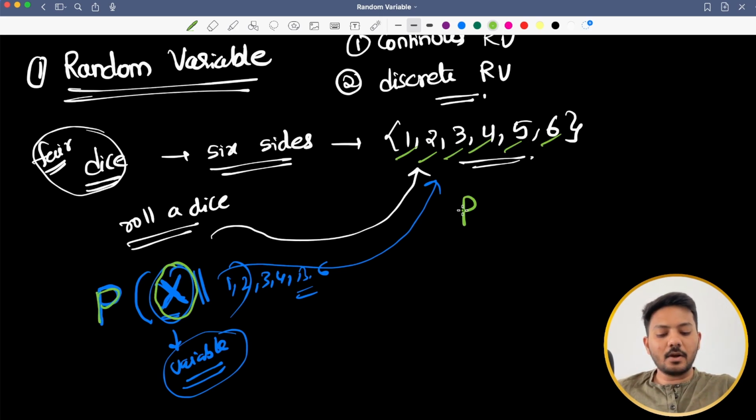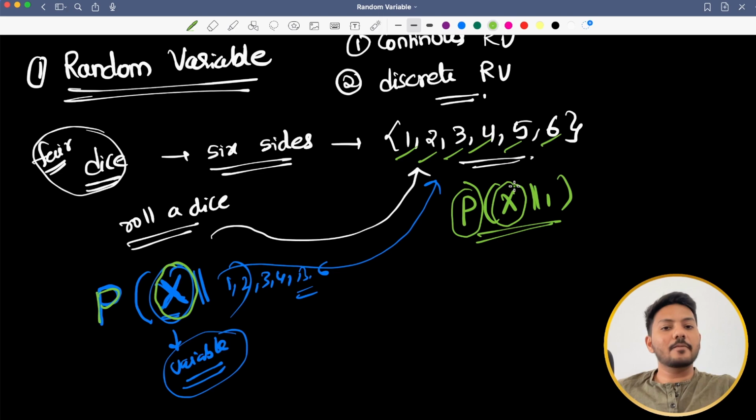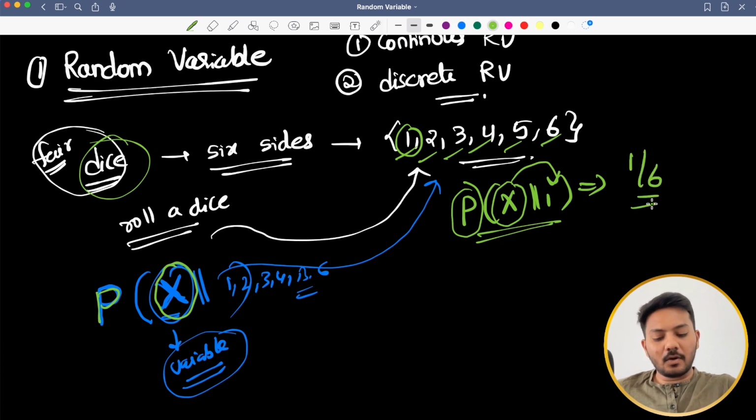So if I say p of x and then I say 1, that means what is the probability that the random variable x gets a value of 1 when I roll a dice? So what is this value? It is 1 by 6. Why? Because we have total 6 elements or 6 sides, and out of which we have only one value which we want to get.